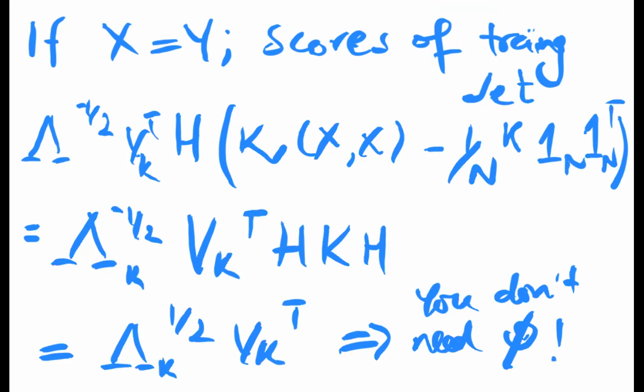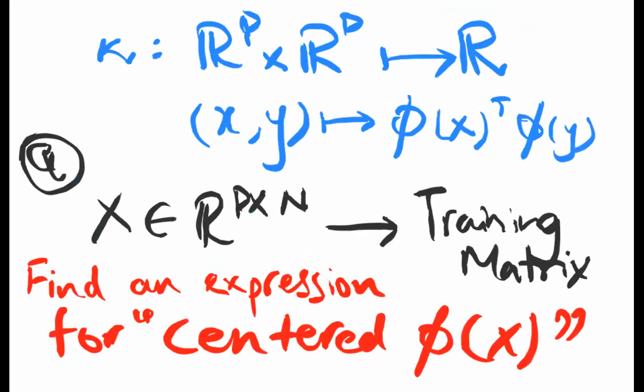Hi. I have a question about the kappa. Yes, please. So the kappa is defined from RP cross RP into R, and the arguments are matrices, right? In the last expression you have written, the X are matrices. If you can go to the last page. Okay, so this X is RP cross N, right?